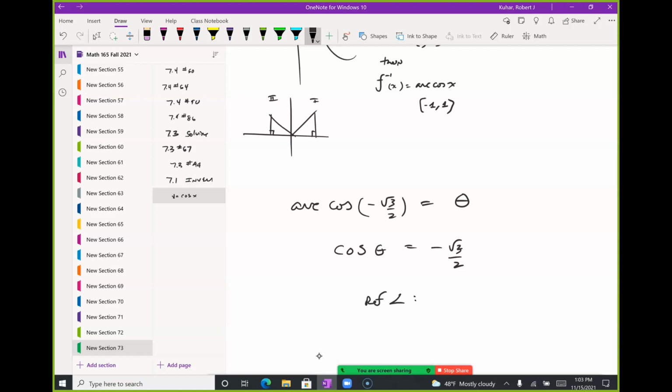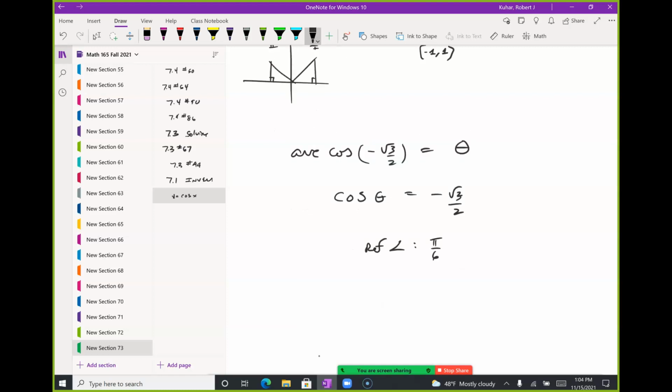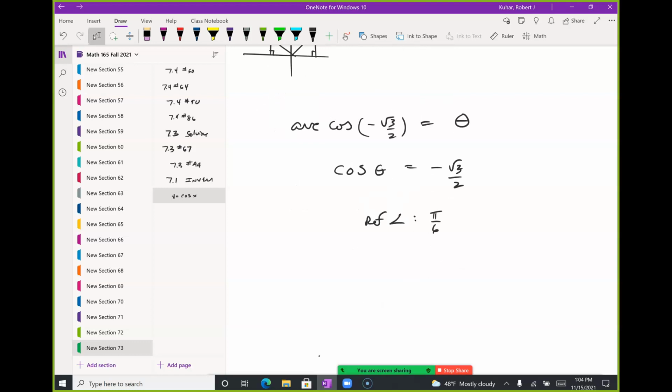3, 6, 9, 12. Pi over 6. So I'm going to cut pi into 6 or the whole thing into 12.